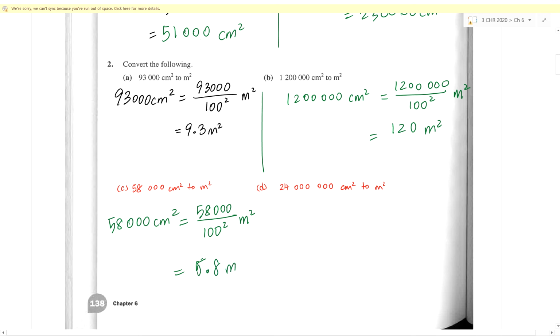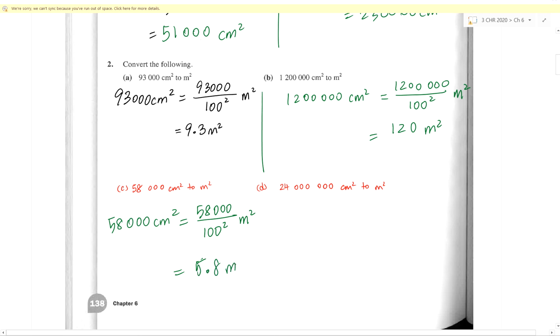Did you get everything correct? Okay, that's what we need to know. Then the conversion, if ever they ask you from square centimeters to square millimeters, then you know that you have to multiply by 100. If they ask you from square meters to square kilometers, you have to divide by 1,000 square.